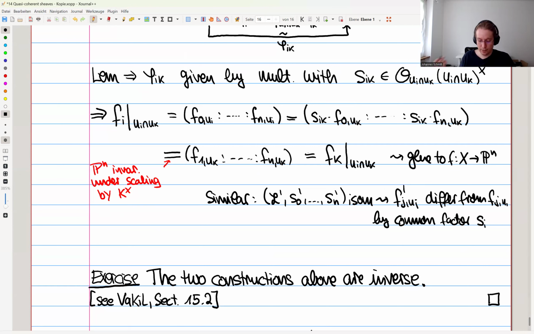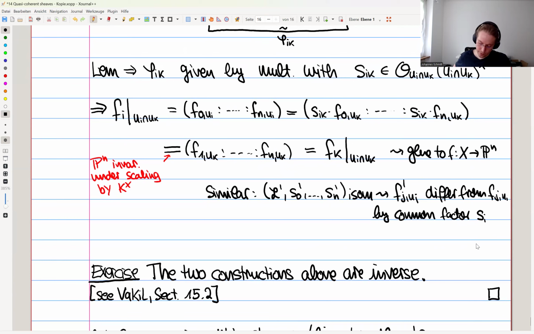So having isomorphic data means that you have an isomorphism from L prime to itself, and then you can check that this is again given by multiplication by a certain constant here. Or sorry, not a constant, but a nowhere zero function. And so this gives the same map to Pn.